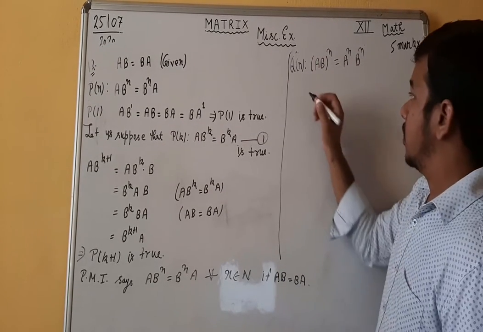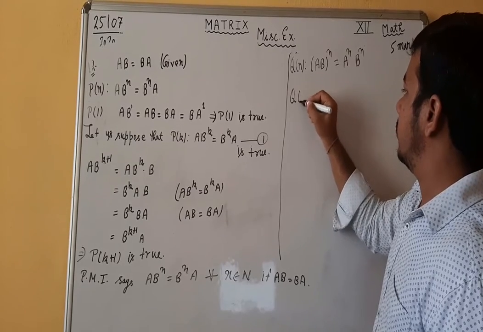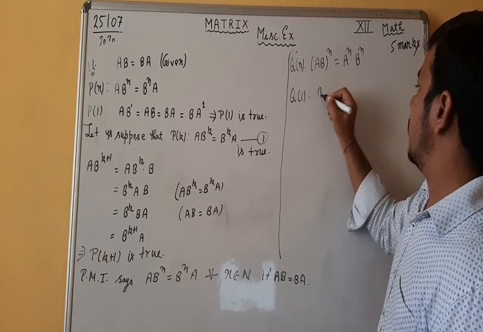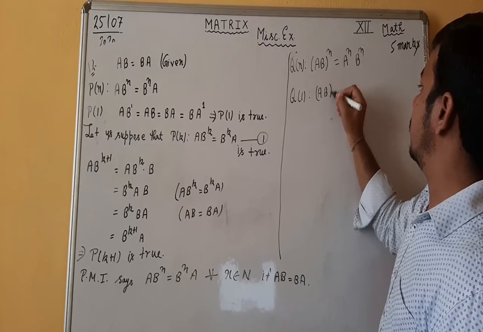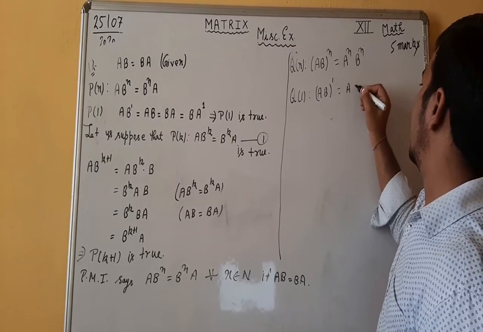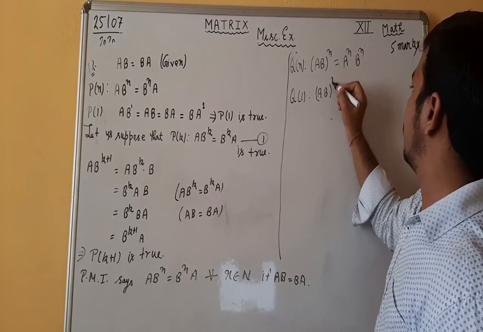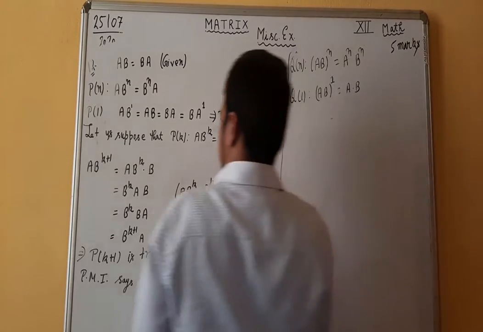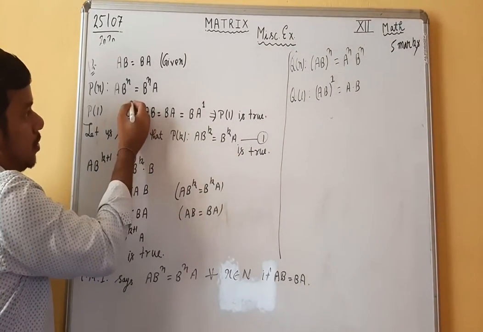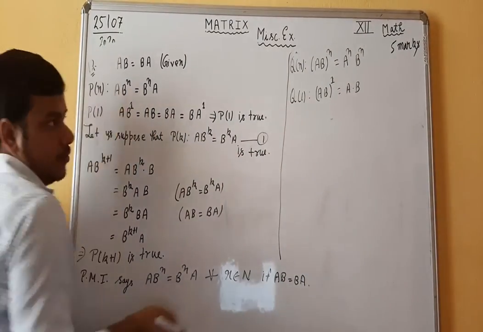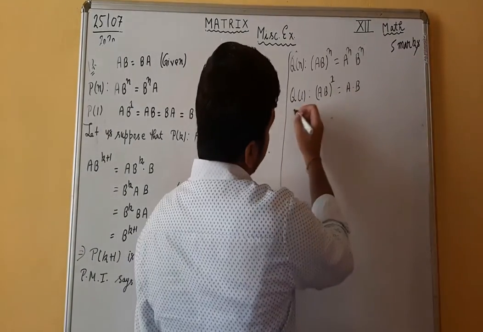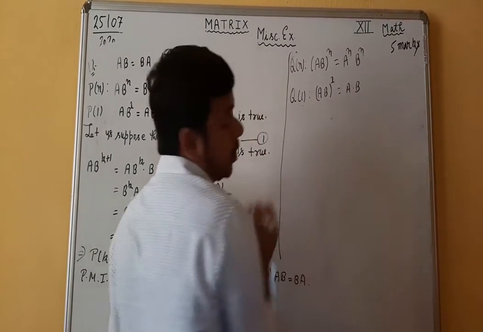Then Q1 is (AB) raised to the power 1. It is simply A into B. This is power 1, not the transpose. Means the result is true for n equal to 1.